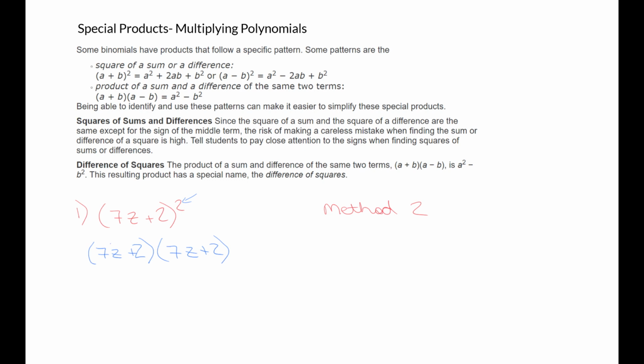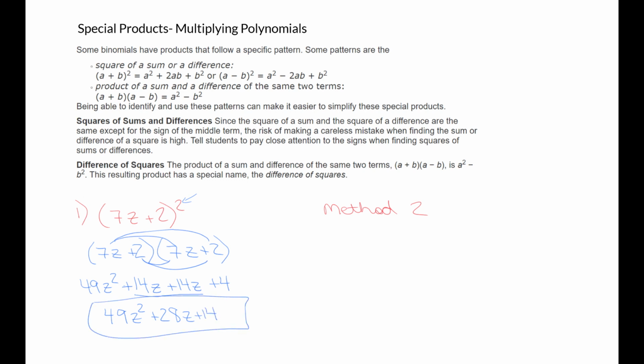So if I just did this with the distributive property like we're used to, I would get 49z squared plus 14z plus 14z plus 4. When I combine like terms, I would get 49z squared plus 28z plus 4. And that is my final answer.